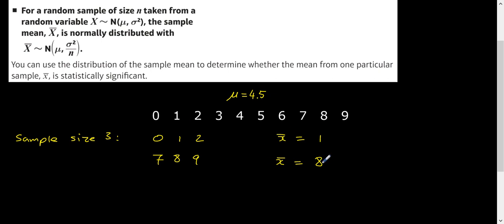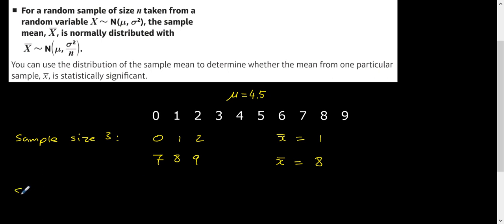If we worked out the mean of each one of those 120 different combinations of 3, and then we took the average of those means, then the average of those means would be 4.5. And that's really important. The mean of the sample means is the population mean.